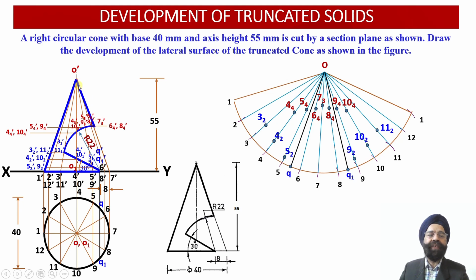Because this point 7-3 dash itself is lying upon the true length of the slant generator O-7 dash over here. So once we measure this radius O-7-3 dash, now onto the slant generator O7 in the developed surface area, if we mark the same radius over here, we will be able to obtain the point 7-3 into the developed surface view over here.